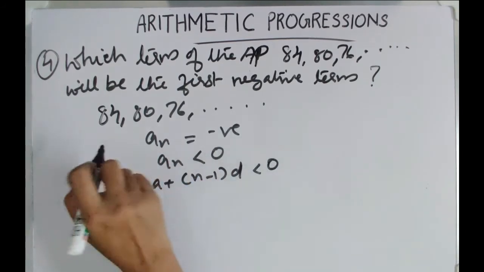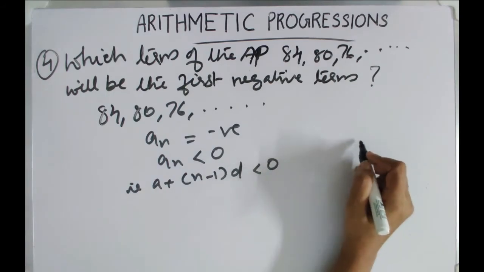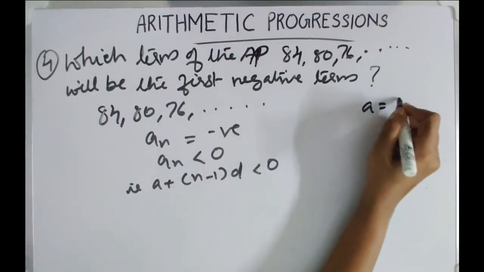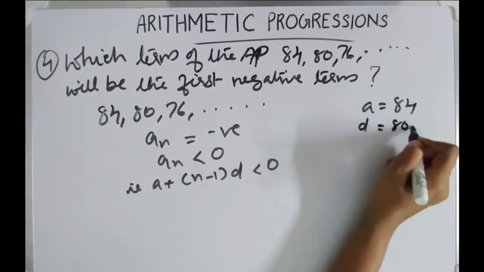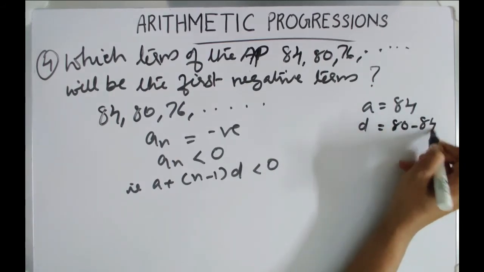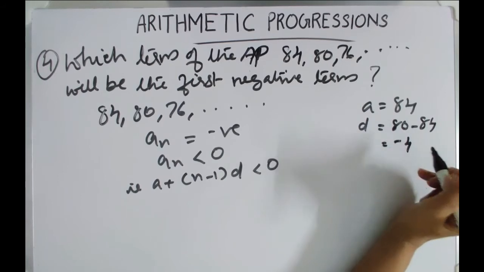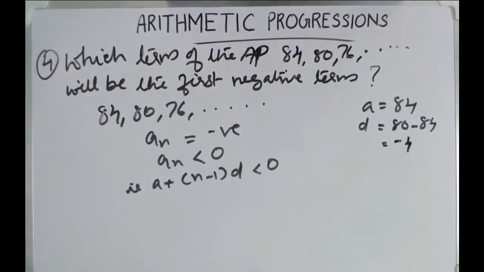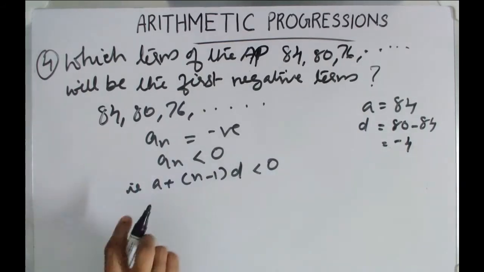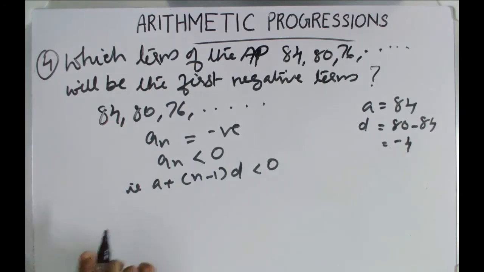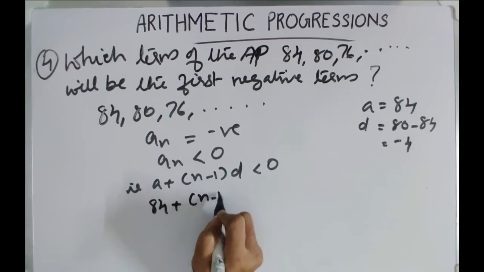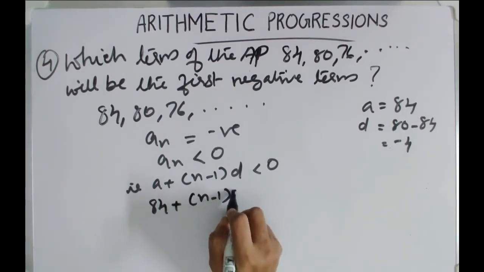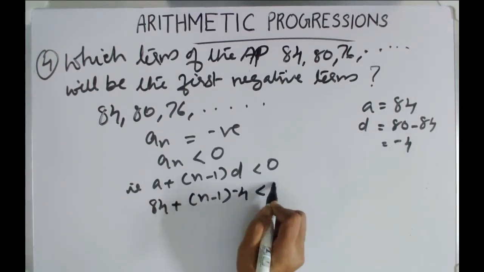Here a equals 84, d equals 80 minus 84 equals minus 4. Then substitute the values of a and d here: 84 plus (n minus 1) into minus 4 is less than 0.